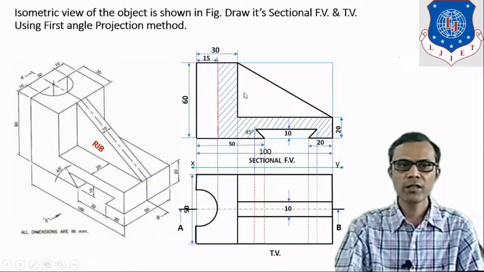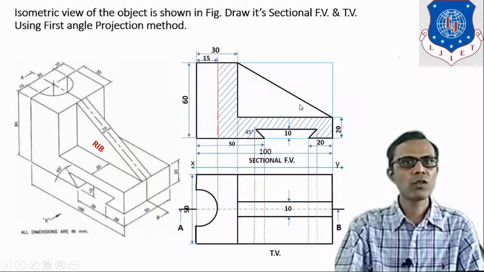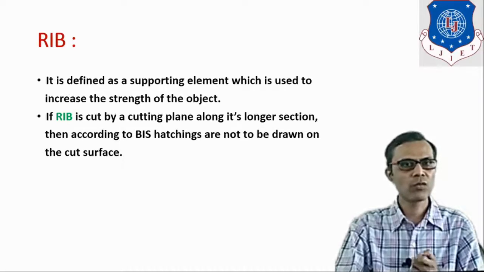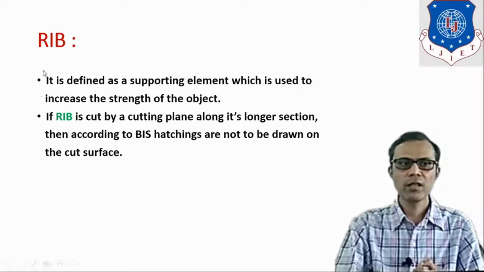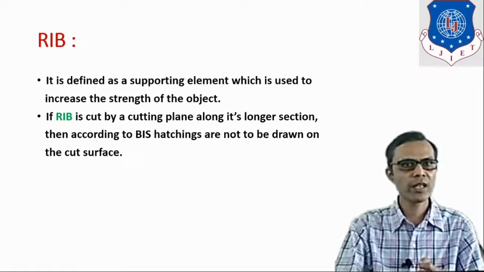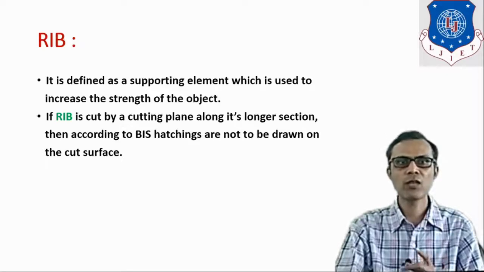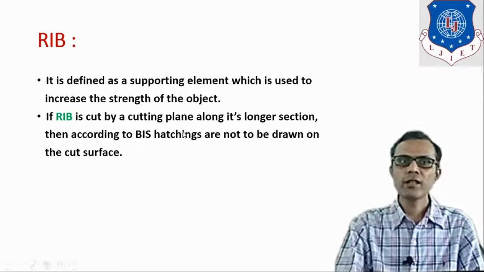That's why here hatchings are not drawn. Here also this concluding point is given for the rib, as it is a special case for drawing hatchings. A rib is a supporting element which is used to increase the strength of the object, and when it is cut at longer section, hatchings are not drawn on that surface.